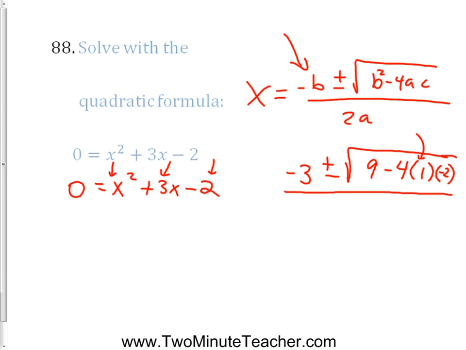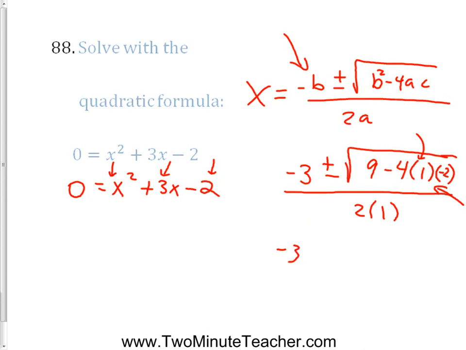Now I simplify this part on the inside of the square root, and it is 9 minus 4 times 1 times negative 2. Well, there's two negatives in that, which makes it positive 8. And I forgot to do my denominator. It's all over 2a. 2 times a, which is 1.